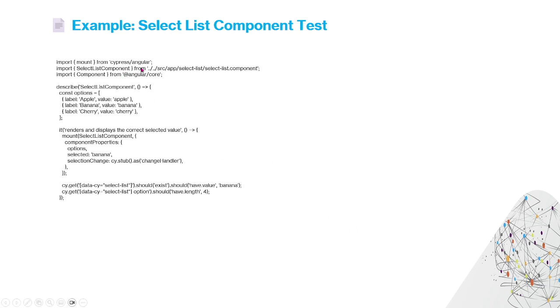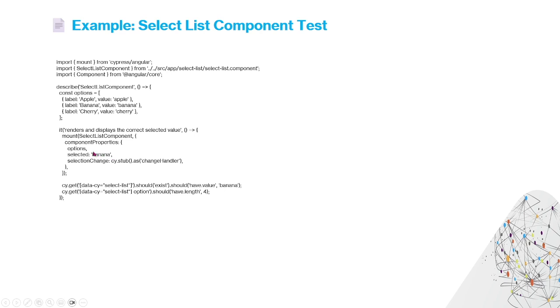For example, the select list component test. Here is a Cypress test for components. First, we import Cypress Angular and also import the select list component, and also import Angular core components. Here the describe is select list.